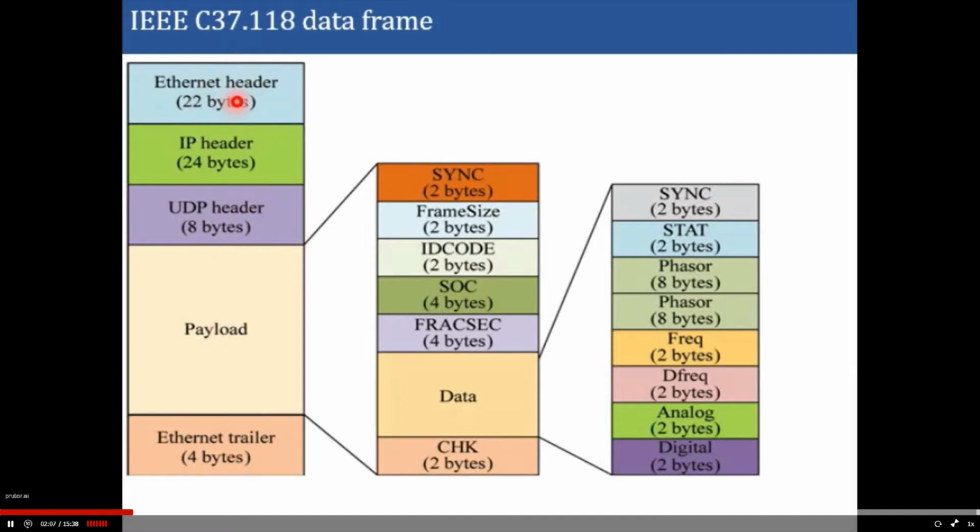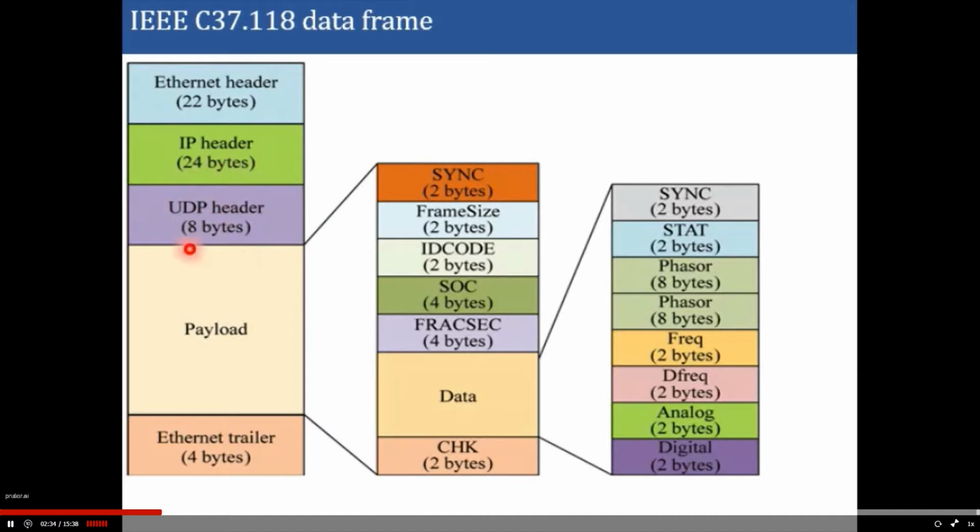So Ethernet corresponds to your physical as well as data link layer related information. So we need Ethernet header as well as footer to indicate the start and stop of the frame and other activities. Then we have the IP address stored in the IP header.